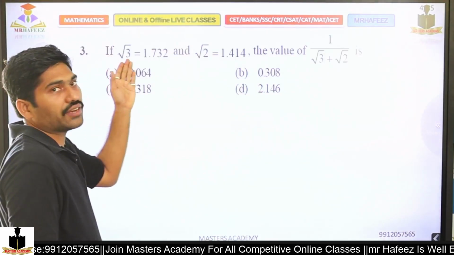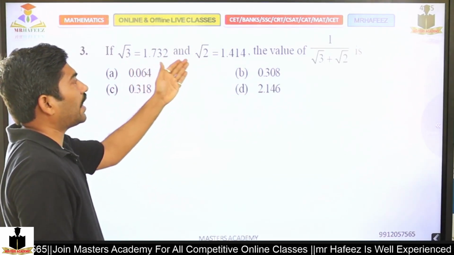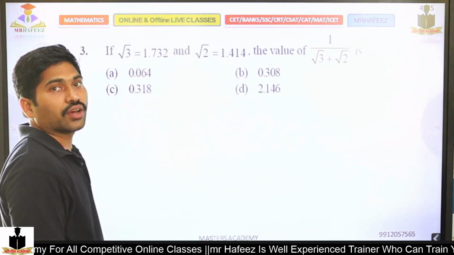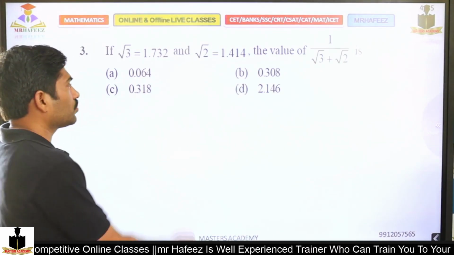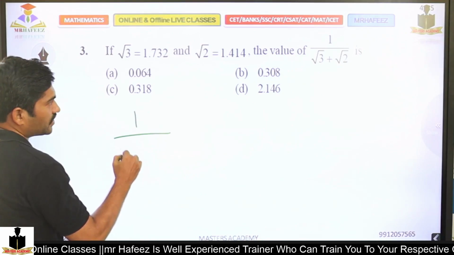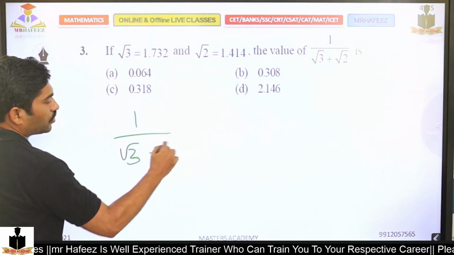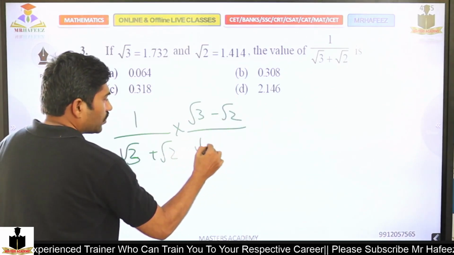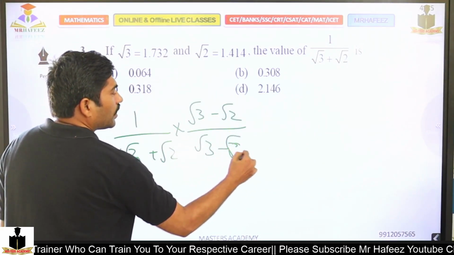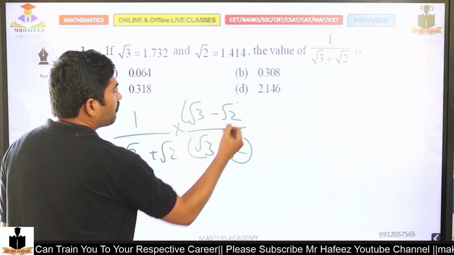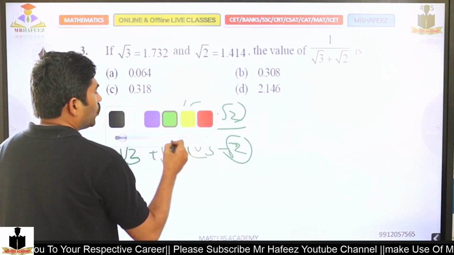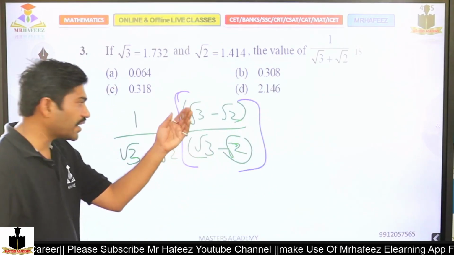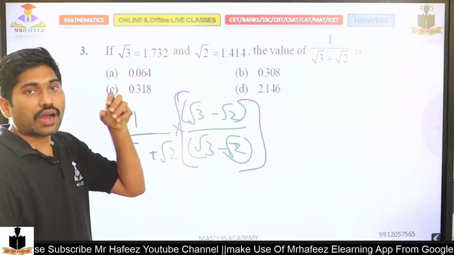So root 3 value is 1.732 and root 2 value is 1.414. The value of 1 by (root 3 plus root 2). So here you should be able to know the rationalization. Root 3 plus root 2 into root 3 minus root 2 divided by root 3 minus root 2. If I multiply and divide with the same value, then nothing will happen. No value change. I can divide and I can multiply, but how should I take?